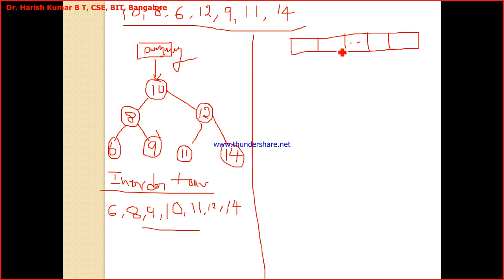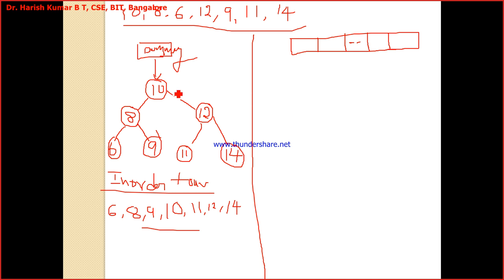Initially this will be null, and this will also be null, and you can write the boolean as true or false, or else use 0 or 1. We will use true or false, T or F. Initially this will be F and this will be F.